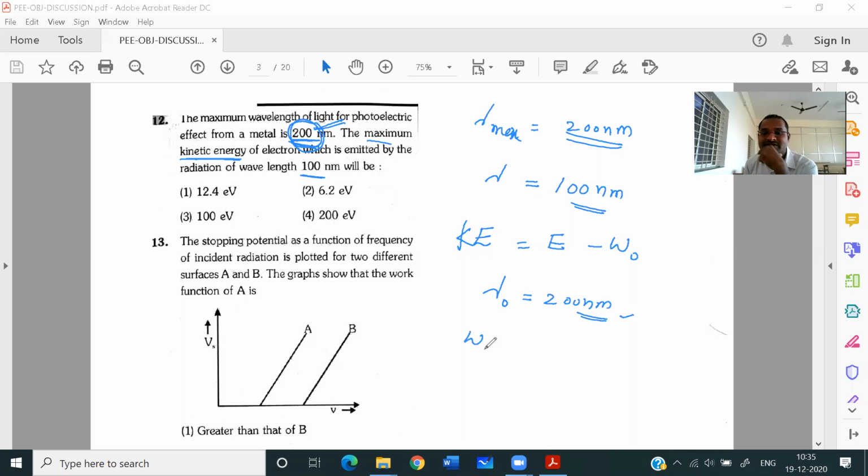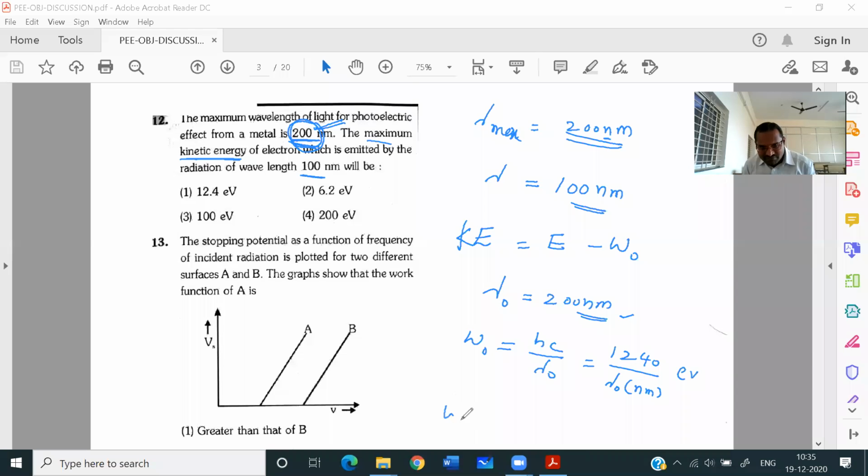Then what is the work function of that metal, Nana? The work function of the metal can be written as hc by lambda naught, and it will be 1240 by lambda naught, with lambda naught in nanometer, in electron volt. Because the given value is in nanometer, that's why I am using 1240.